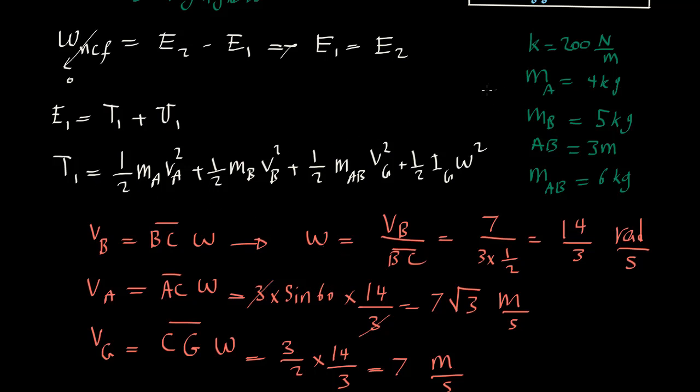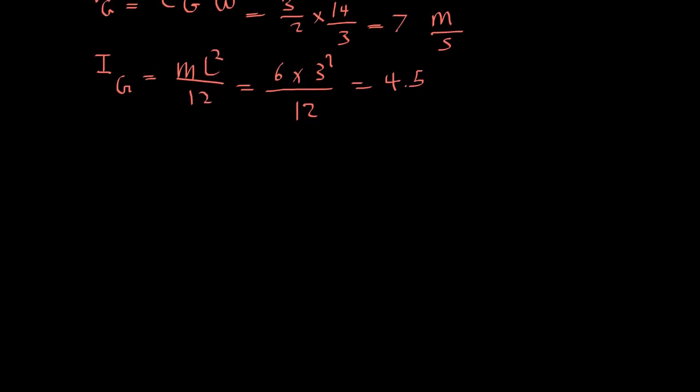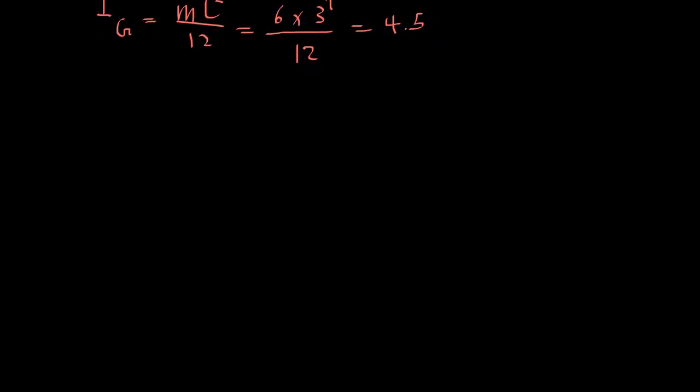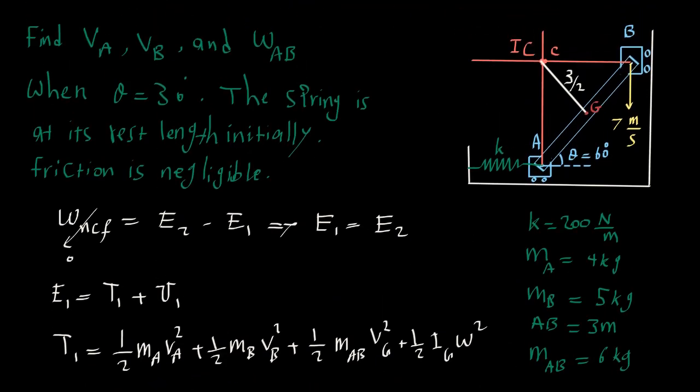So that's for T1. Let's also calculate U1, the potential energy at state 1. For U1, remember this was the potential energy due to a spring plus the potential energy due to gravity. Here the direction of gravity is just in this direction.